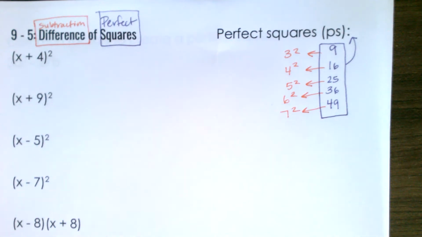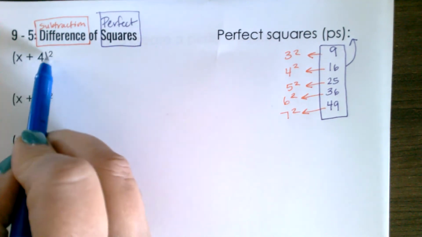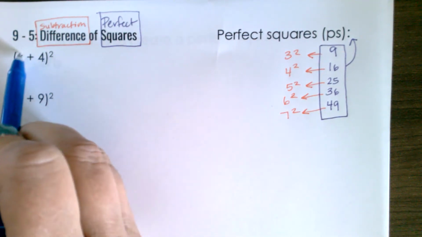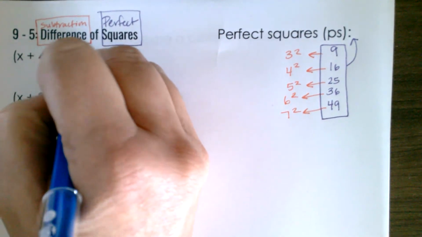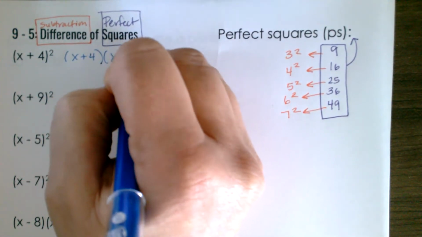I would like you to pause the video in just a minute. I'll do one example, but we did this in the last unit. It was the very last lesson, I believe. We are going to square that binomial. Remember, because it's a binomial, it really means x plus 4 times x plus 4.